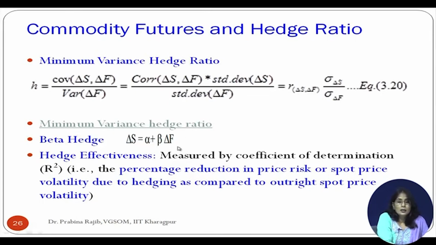Using a regression methodology, we find out the beta, and the beta is the minimum variance hedge ratio. In fact, the minimum variance hedge ratio calculated using the above formula gives the same result, because the beta represents the H.